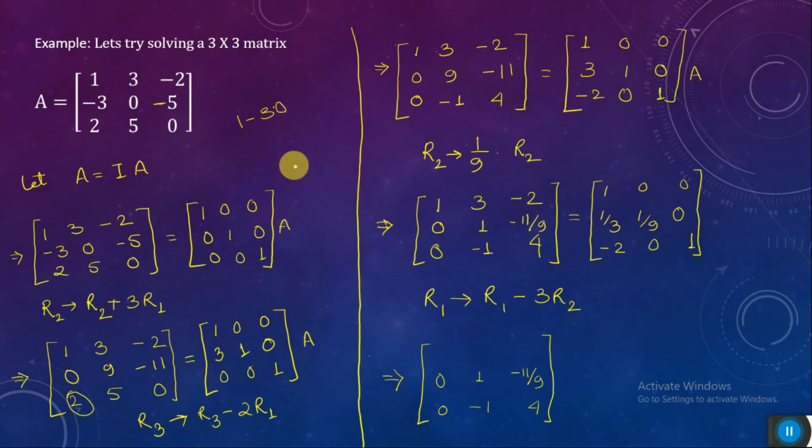So into 0, that will give me 1 only. And here, second one, 3. Row 1 is 3 minus 3 times row 2 is 1. This is here 0.